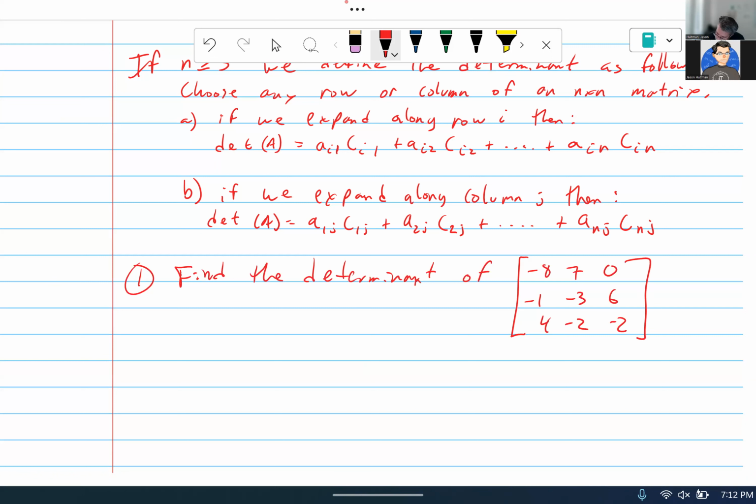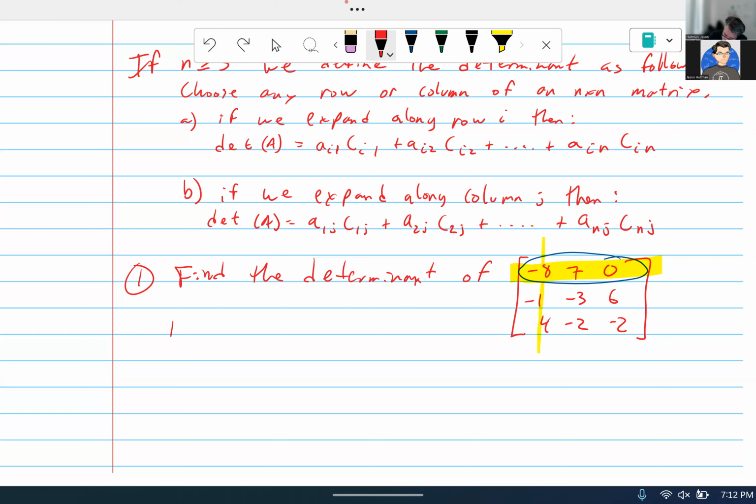I'll use the first row because it has a 0. I like zeros because when I multiply, it all goes to 0. So we'll expand along our first row. Our first entry is -8.